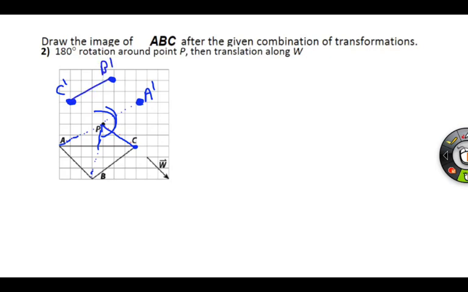So this is what it would look like if it was rotated about this point 180 degrees. Each of those angles is 180. The next thing to do is translate it according to this vector.